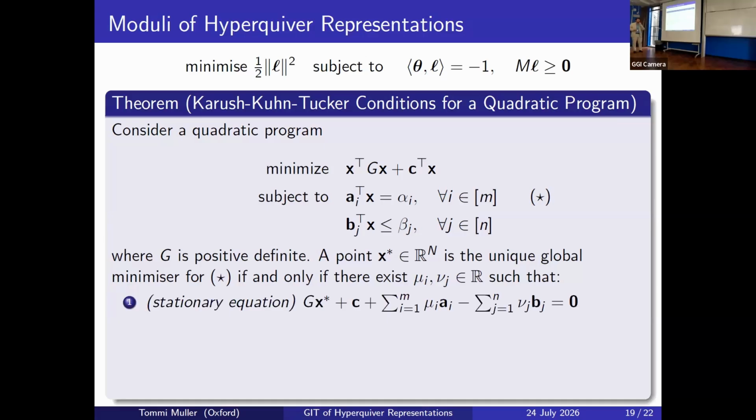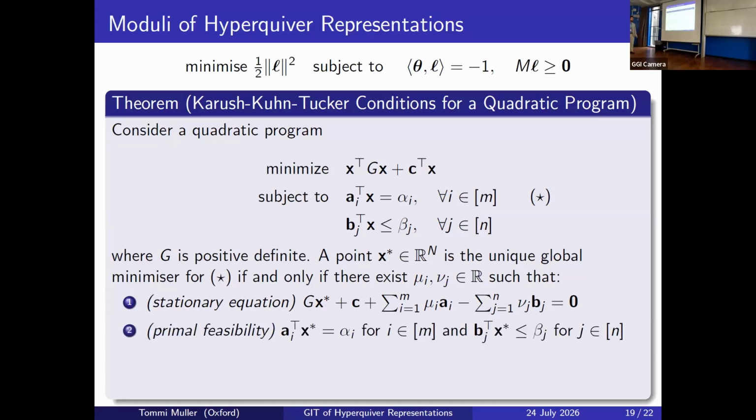The first is a stationary gradient. There's some Lagrangian associated to the quadratic program, and it's saying that the derivative of the Lagrangian at x star is 0. It's a critical point. Obviously x star has to satisfy the constraints, so that's what we have here: primal feasibility.